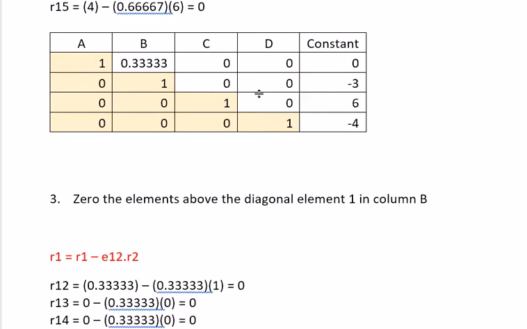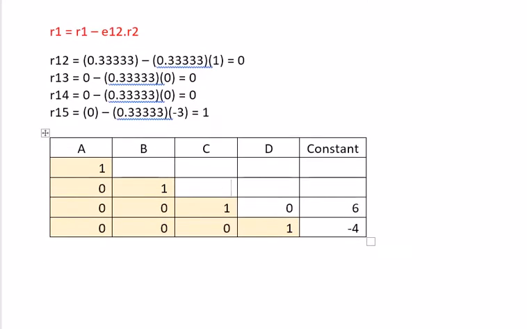We'll just copy the one here, 0, 0, minus 3. And we will have here 0, 0, 0, and the final value here is 1. So as you can see, we have attained our goal, that is to derive a unity matrix with the upper and the lower triangular elements as 0.